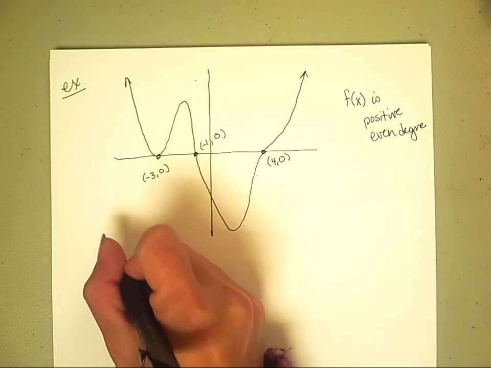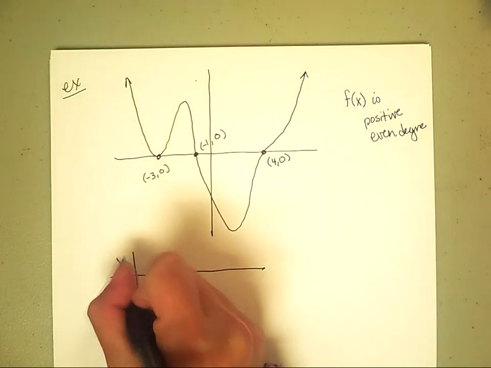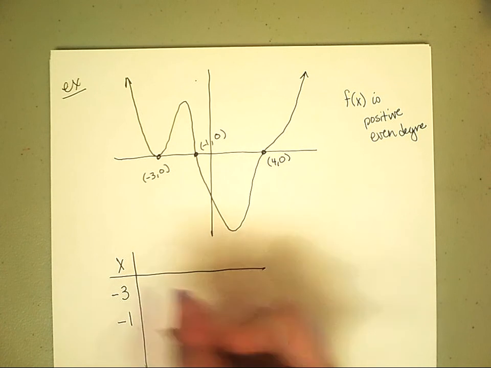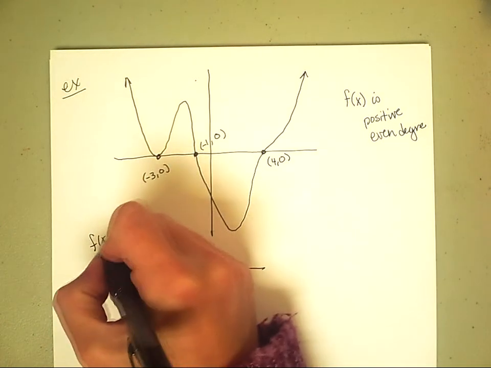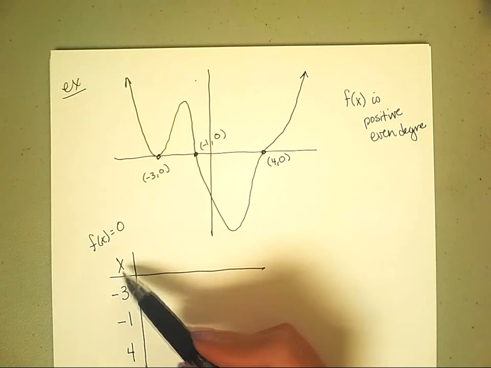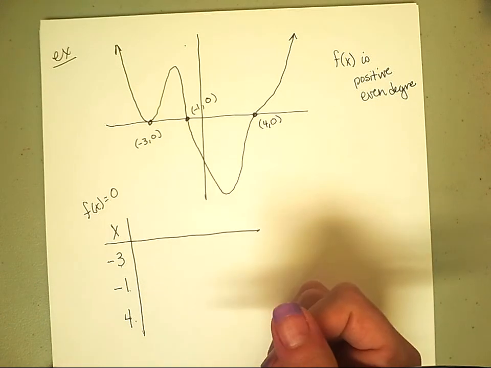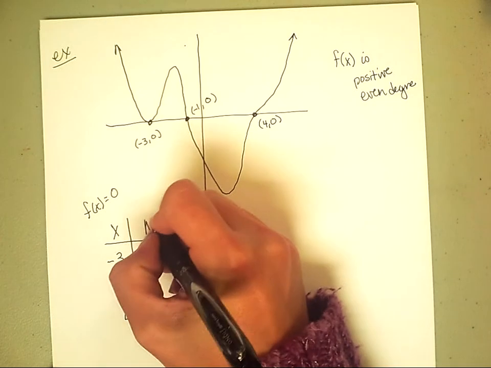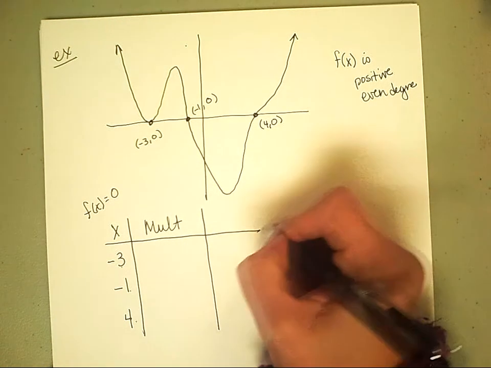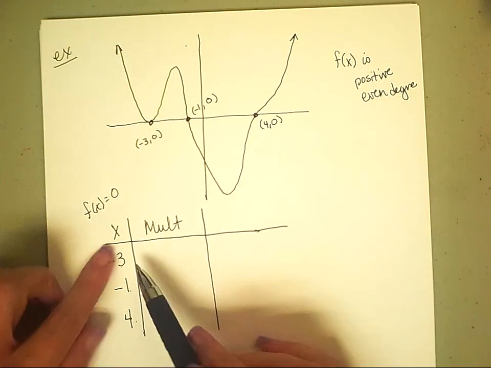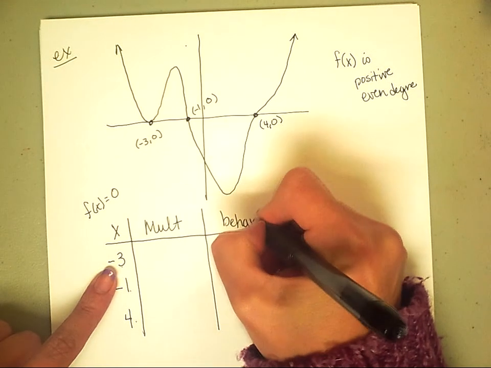I can say a few things about the zeros. I know that negative 3 is a 0, that negative 1 is a 0, and that 4 is a 0. That is, if I was to solve f of x equals 0, these are the values of x I would get. Now let's say something about the multiplicity. Well, at negative 3, let's talk about its behavior.